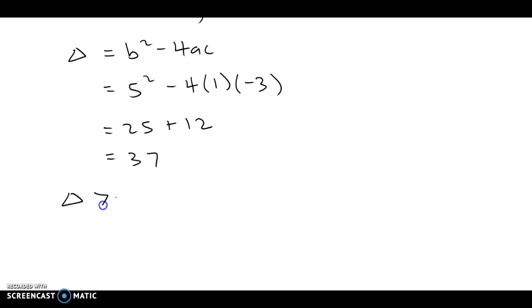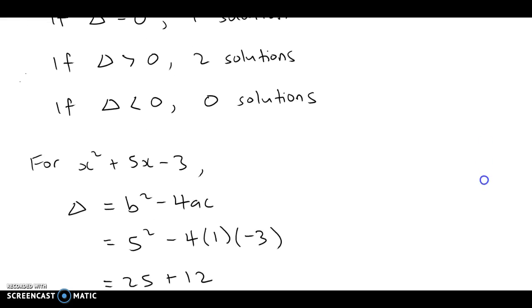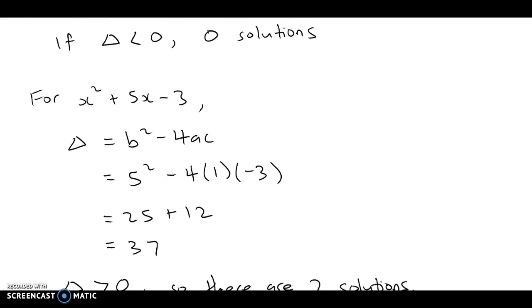So we can say delta is greater than 0. So there are two solutions. If the quadratic equation had a discriminant of less than 0, we'd have 0 solutions. If it had a discriminant equal to 0, it would have one solution.